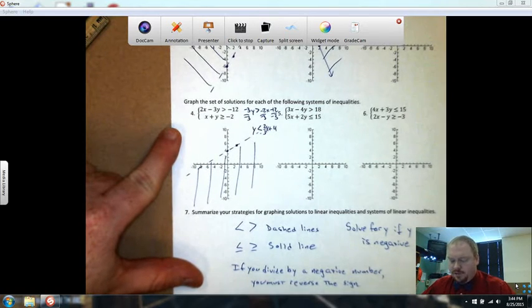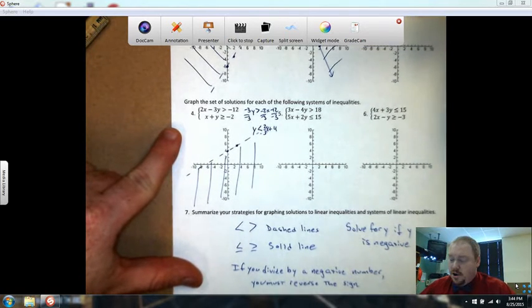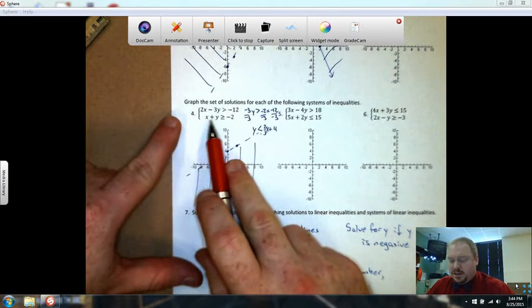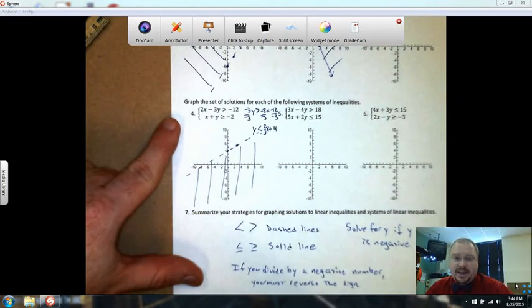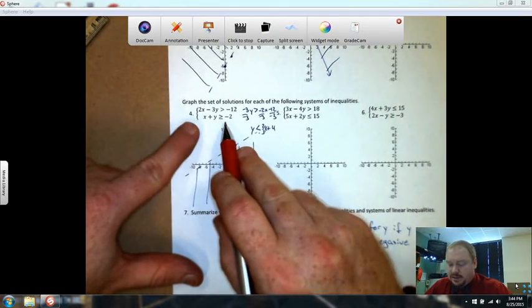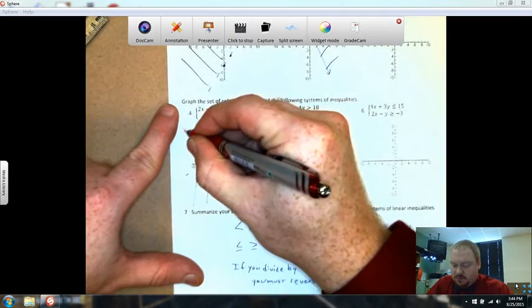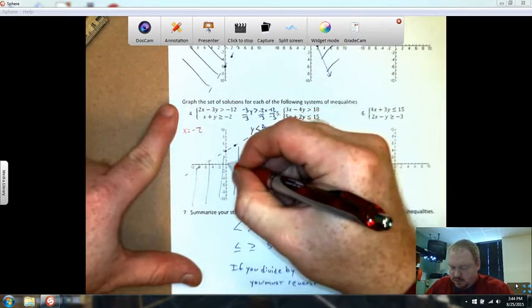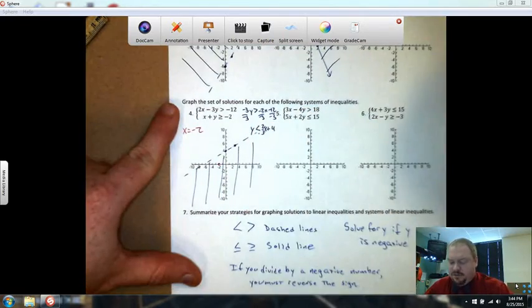Now for the next one, I'm going to use red. I hope it shows up that way for you. Because y is positive, I can cheat. X equals negative 2. So, put a dot at negative 2.